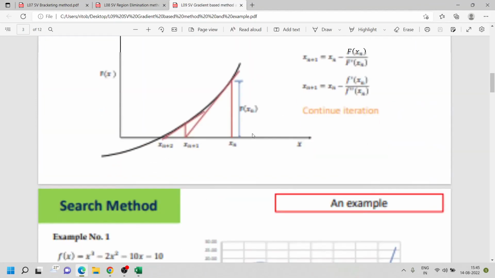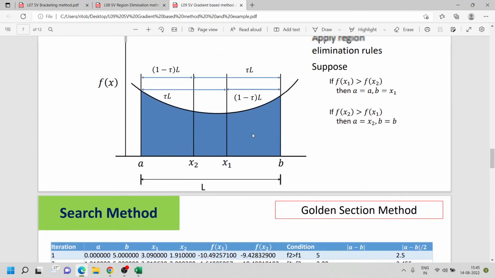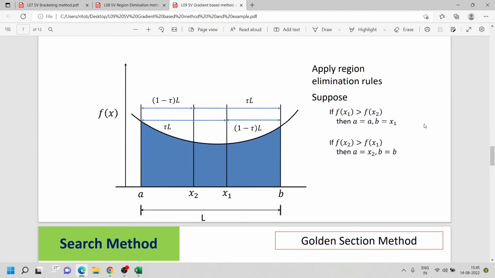Let me just check whether I've written this correctly. Yeah, so when your f(x1) is greater than f(x2), what you do is, your b will become, or probably I've written it wrongly. Okay, I think I made one mistake.